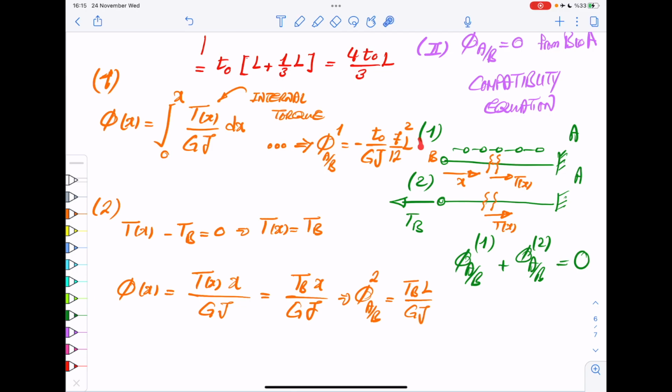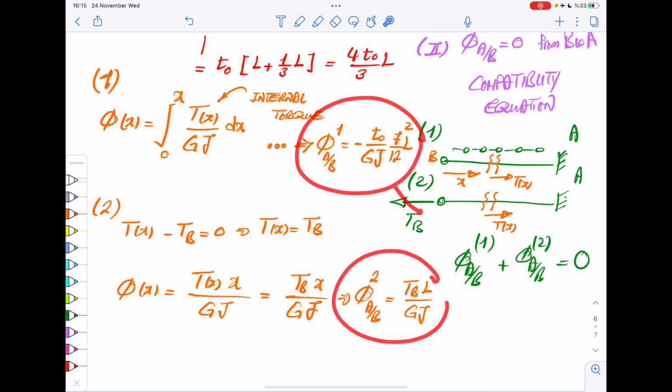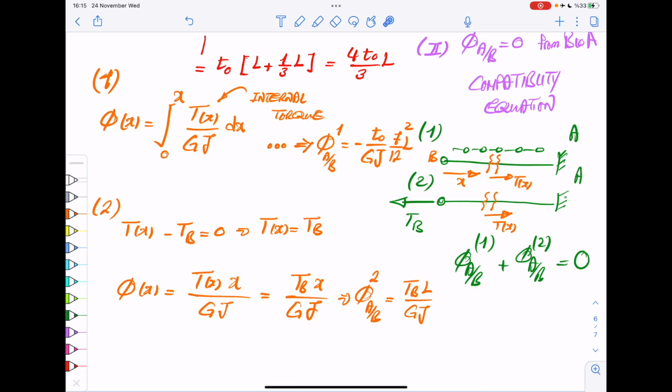So now you have this, you put them into this one, you add them up, you set them to 0, and that is basically your second equation, and you're done. So if you do that, then you immediately get minus T0 divided by GJ, 7 over 12 L squared.